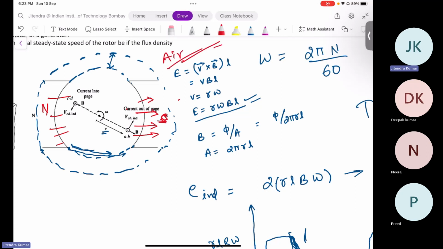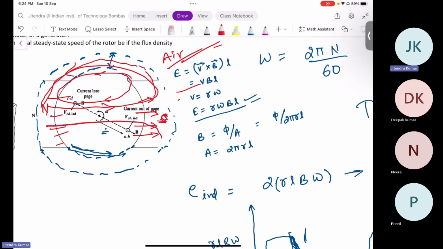So this flux, which enters the South Pole, will travel back to the North Pole through the core. They will not just fly away, they will complete a flux loop. There will be a certain flux loop like this. You might have seen such kind of flux contour.